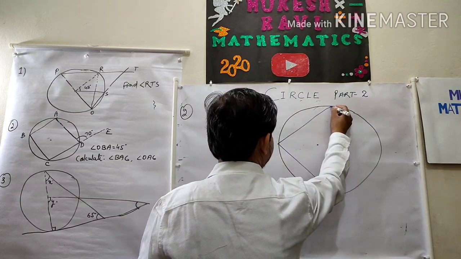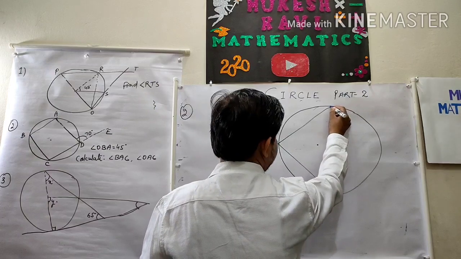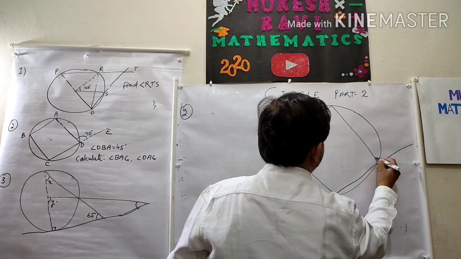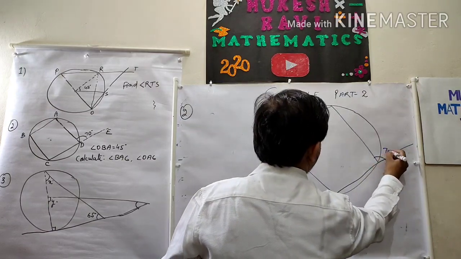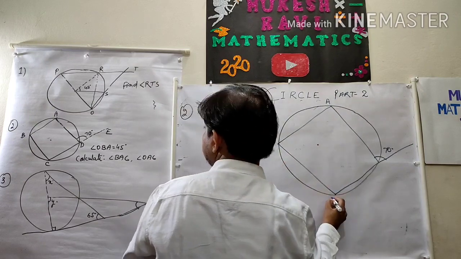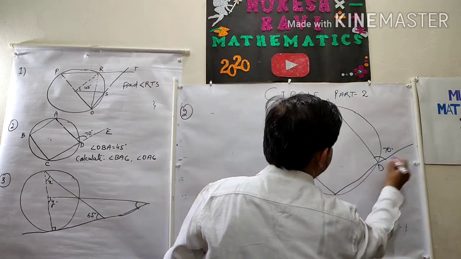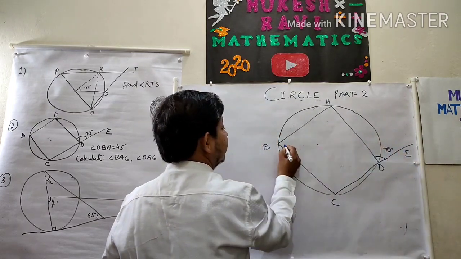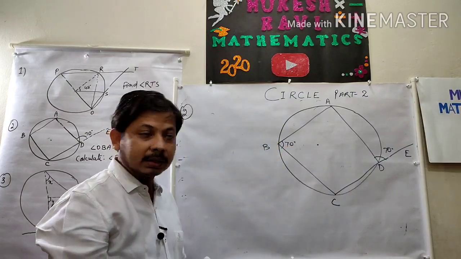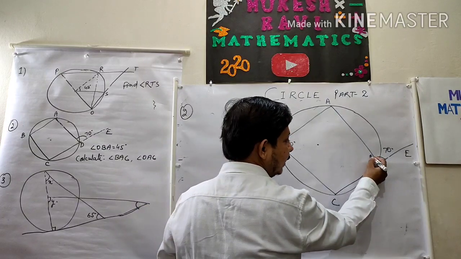I am using a different color. A, B. This is given 70 degree. This is A, B, C, D, E. If this is 70, this is what? 70 degree. Cyclic quadrilateral, my dear, this is 110.